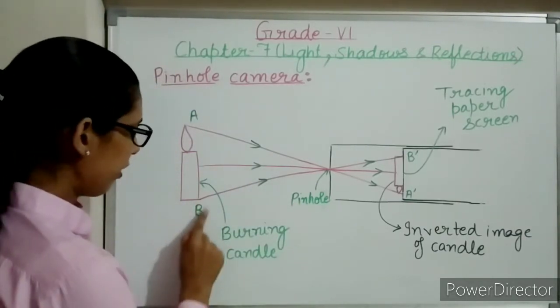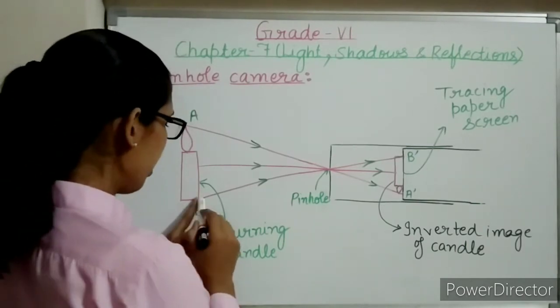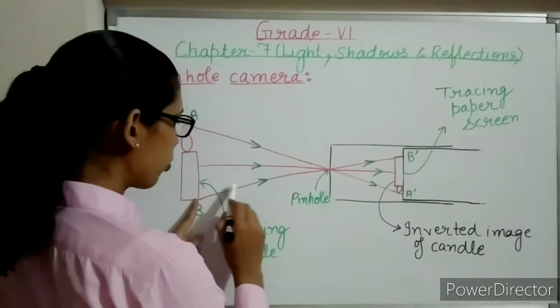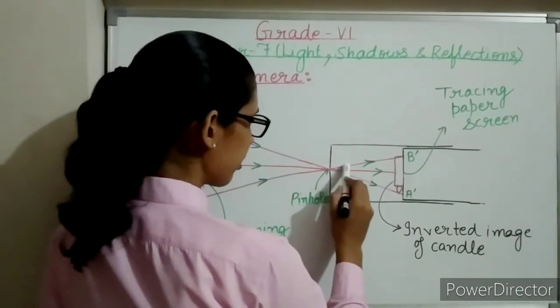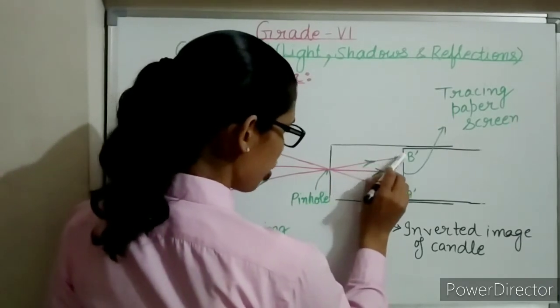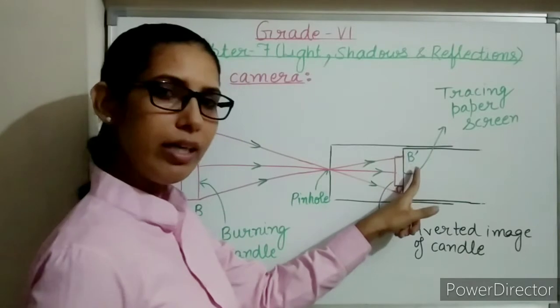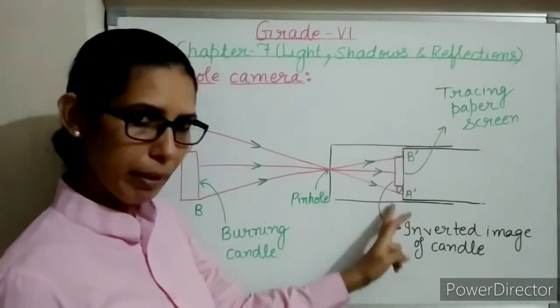So here also, from the bottom part of the candle, let's say it is point B. From the B point, the light is moving in a straight line. It is entering the hole and then it is moving in a straight line again and reaching point B dash on the tracing paper.